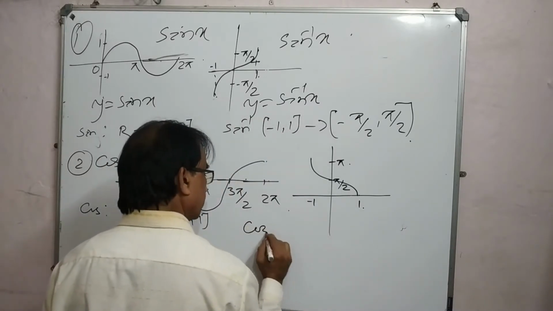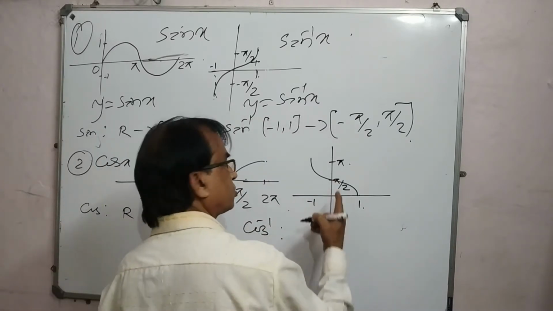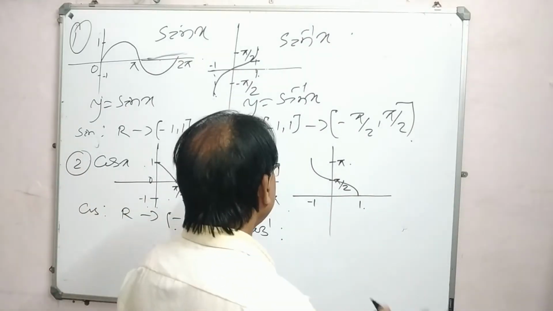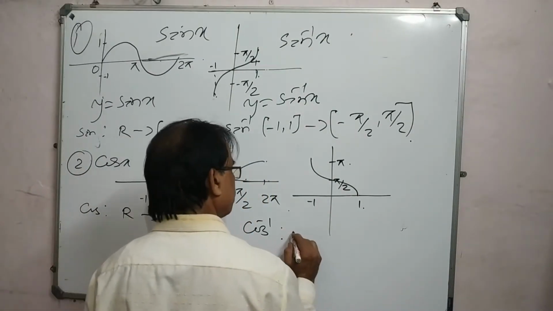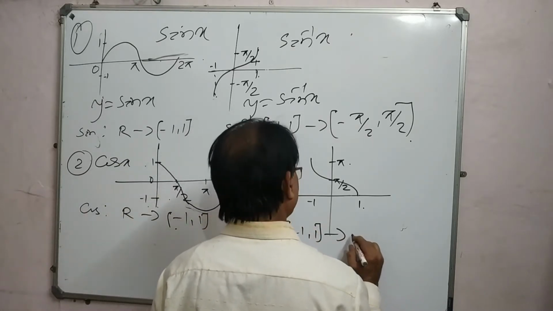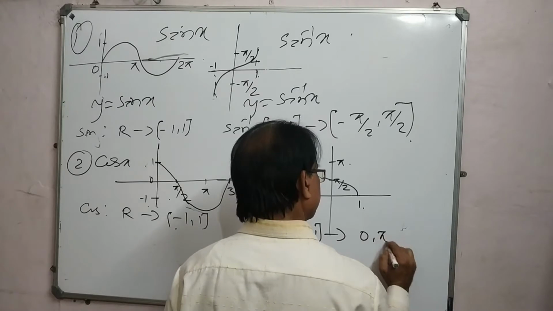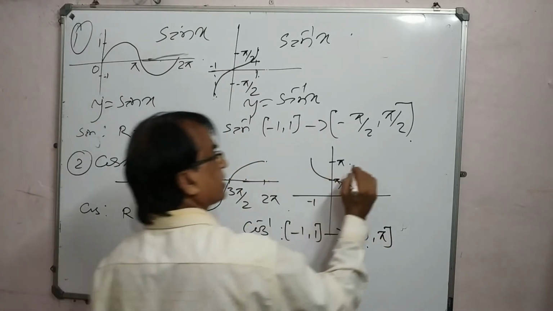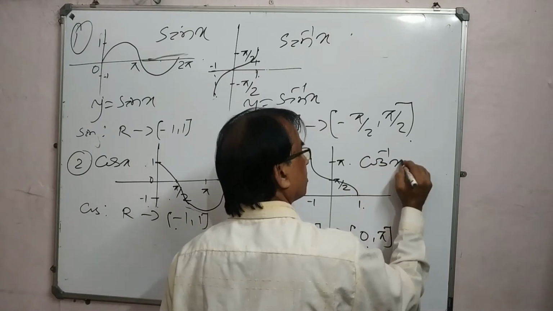Here cos inverse is just interchanging x and y axis. So we have got this cos x and cos inverse x.